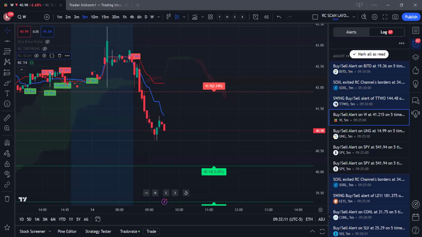For August 23rd, you can buy 41 puts around 1.62.